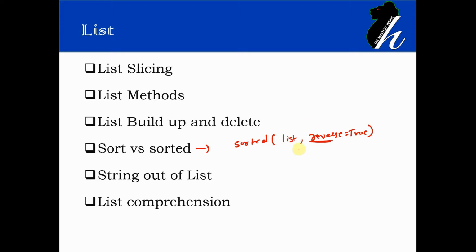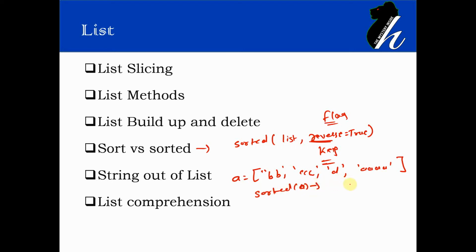Sorted also supports multiple flag values. Another flag value is key. So sorted uses a key value. For example, let's say I have a list A equals BB, CCC, D and AAAA, four times A. If I apply sorted A, what will the output be?